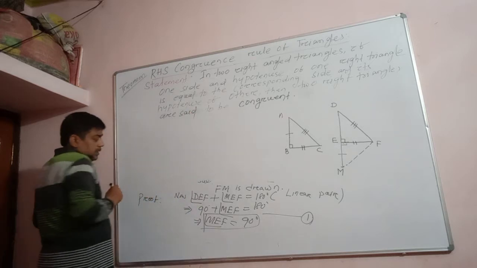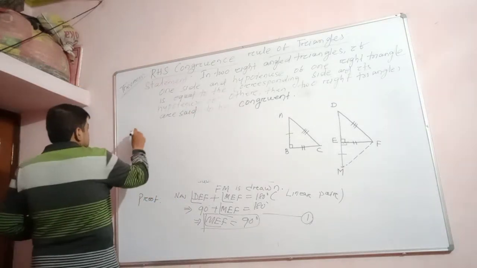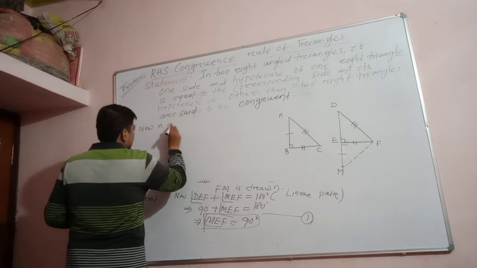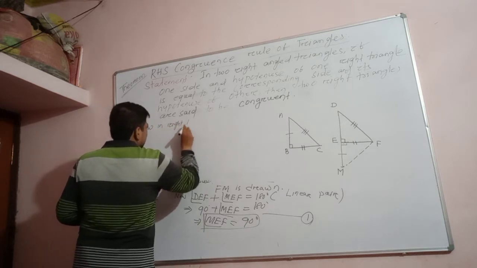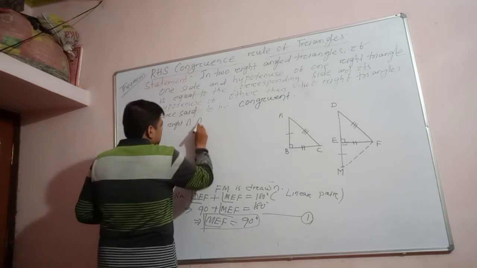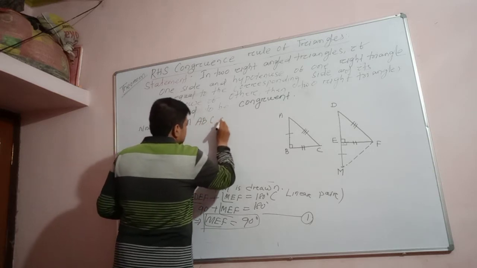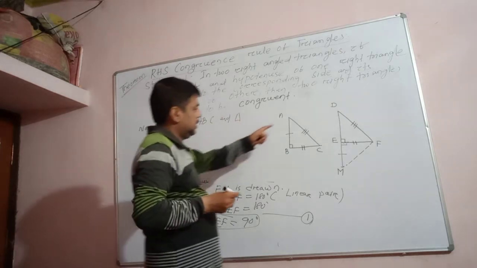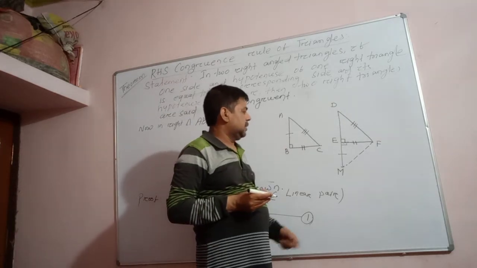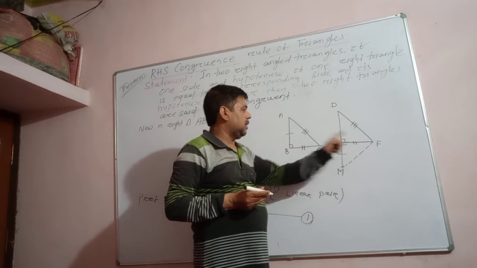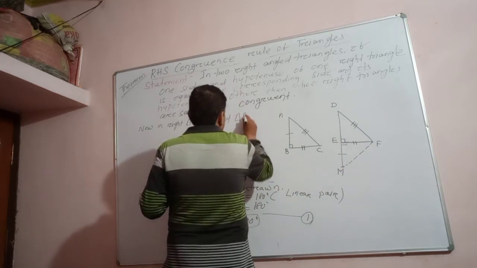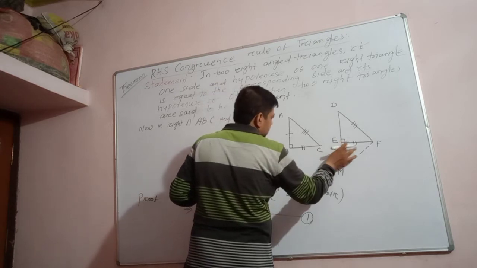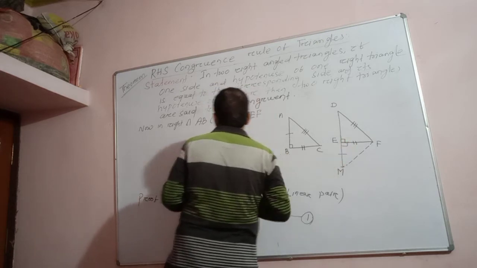Now you see, in the right triangle ABC and the right triangle MEF, MEF is a right-angled triangle because this angle is already 90 degrees.